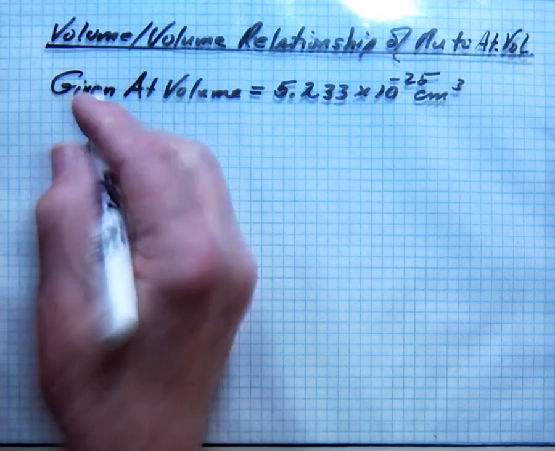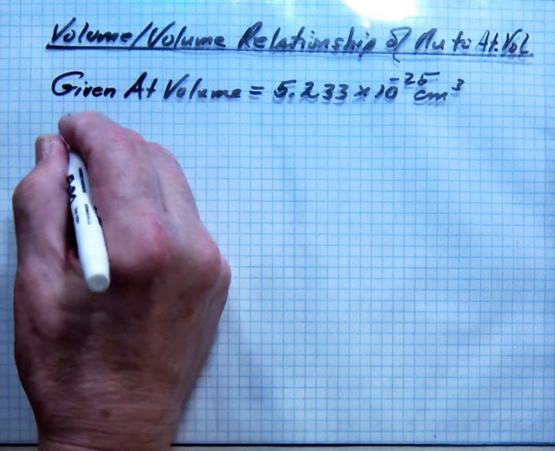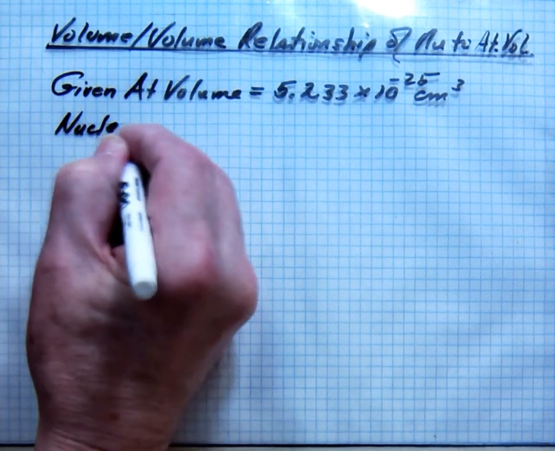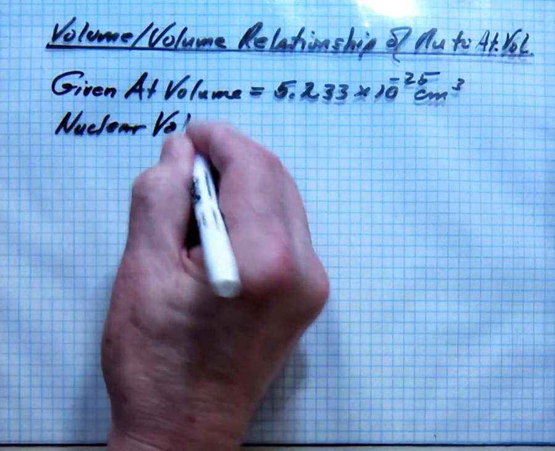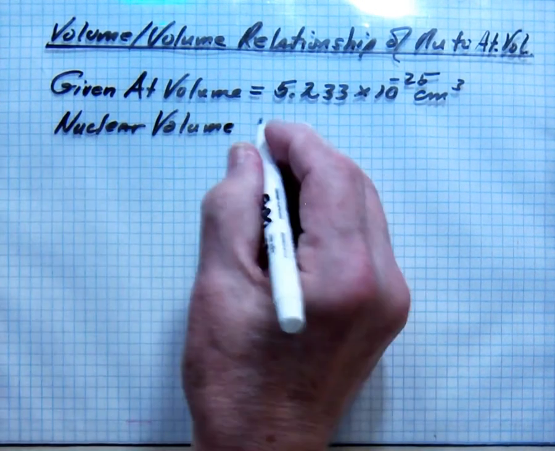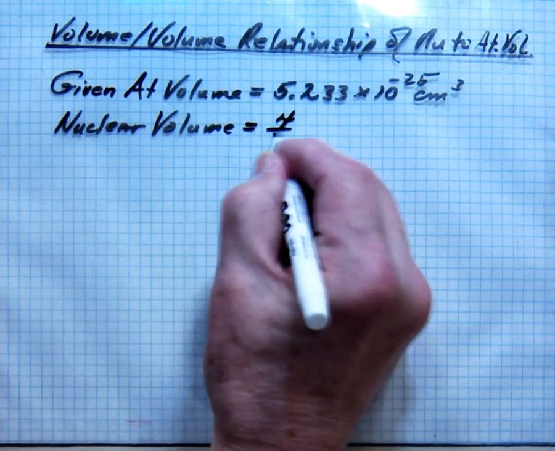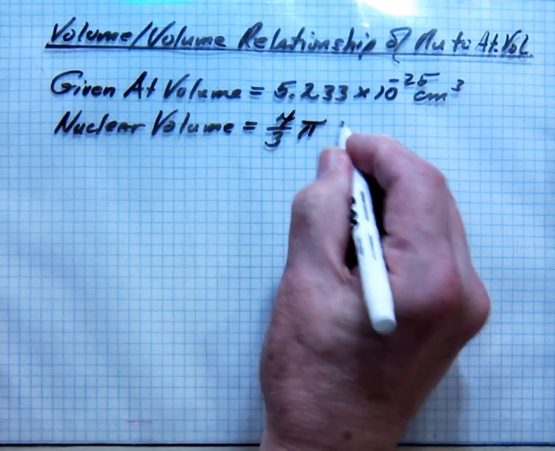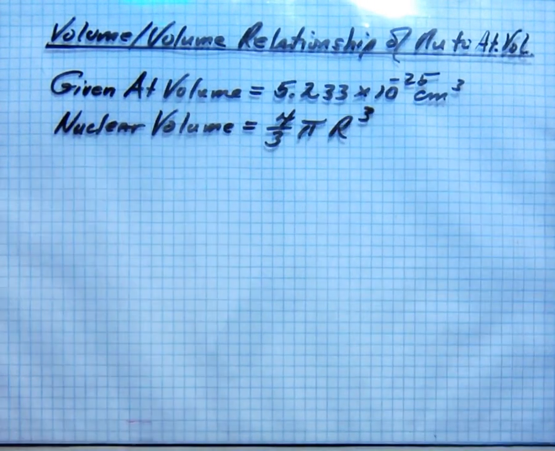Nuclear volume is equal to 4/3 pi r cubed.